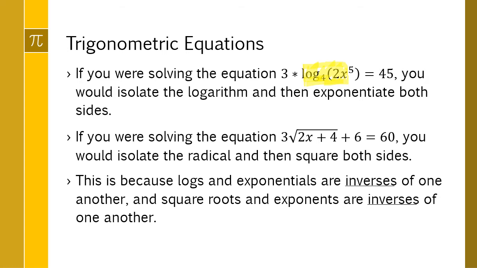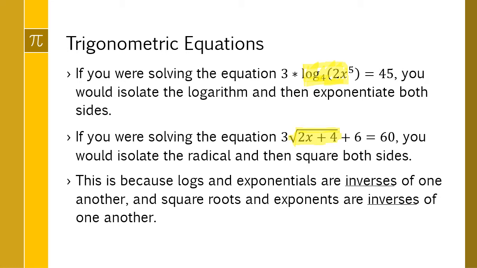If you were solving the equation 3 times the square root of 2x plus 4 plus 6 equals 60, your goal would be to isolate the radical. You would get this 2x plus 4 all by itself, and then you could square both sides to undo the square root.